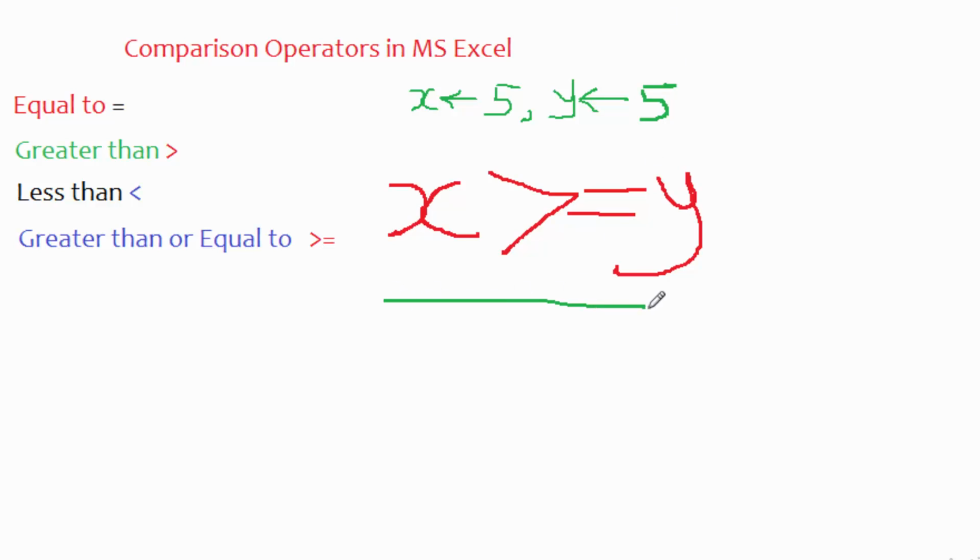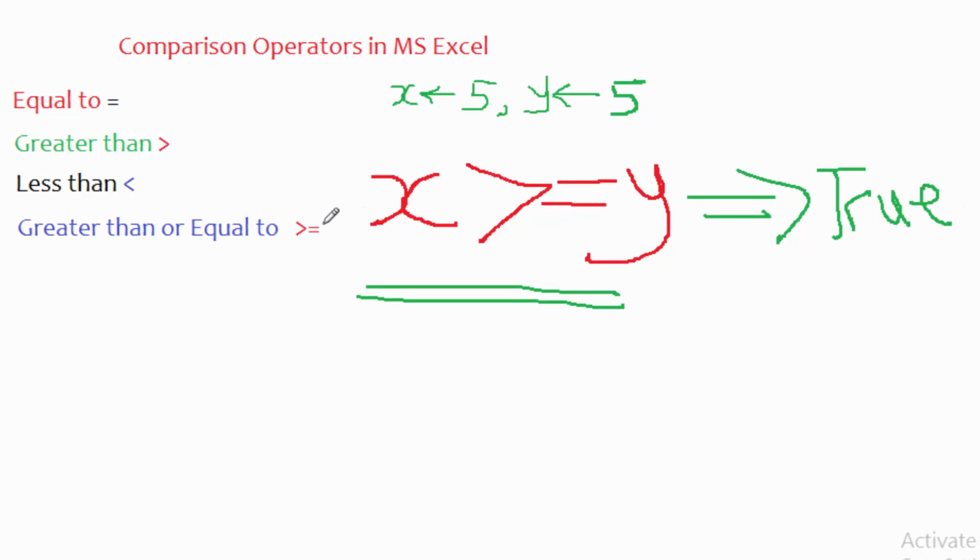In that case, this expression will be true, okay? Simply because it says, can you check if x is greater than or equal to y? And in this case, x is equal to y because both have 5.